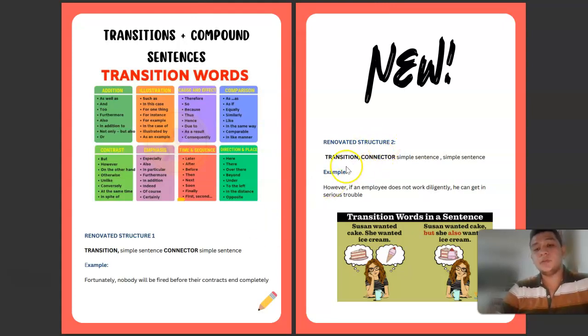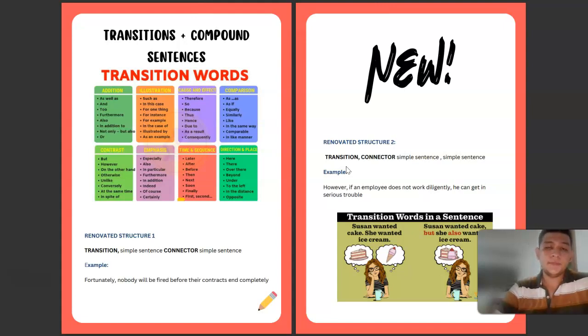The second structure is organized differently for each part: transition first, second connector, and simple sentence plus simple sentence. For example, however, if an employee doesn't work diligently, he can get in serious trouble.